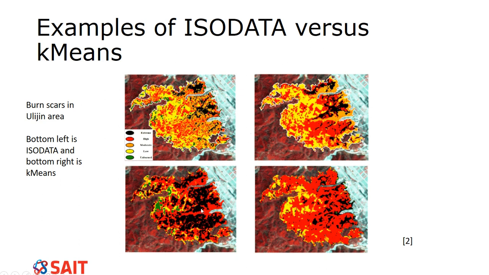So you can see again the big difference between ISODATA and KMeans, right? Your results look very different, and even up here compared to these ones. So again, this is why it's so important to state which one you used, and then you're also going to have to do an accuracy assessment.